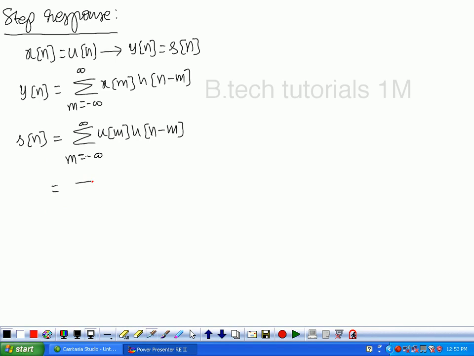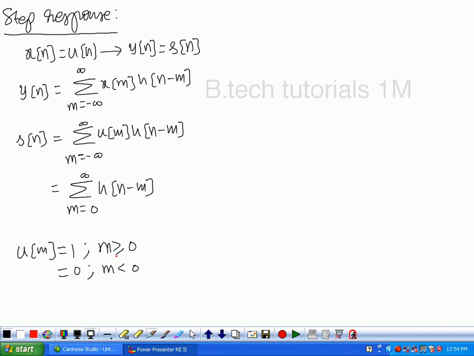Now, can I write this as the summation over m equivalent to 0 to infinity of h of n minus m? Is it right? Why? Because u of m is equivalent to 1 for m greater than or equal to 0, and 0 for m less than 0.